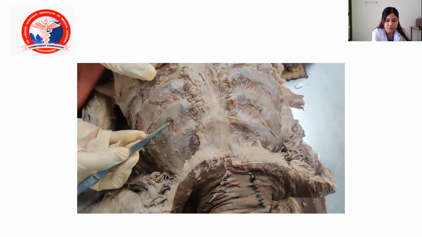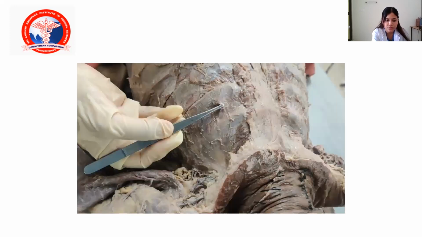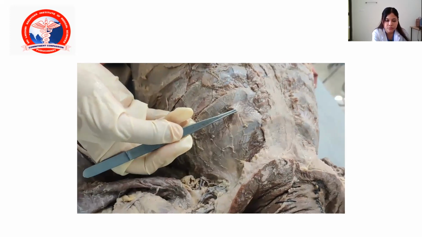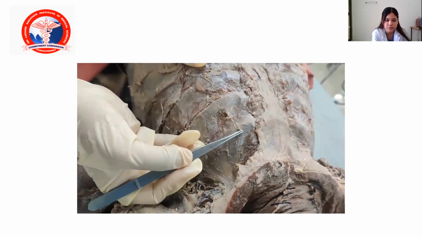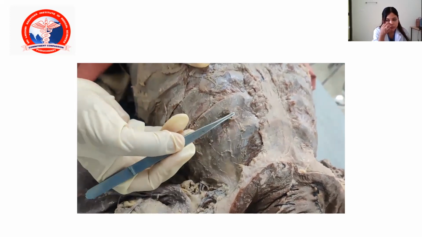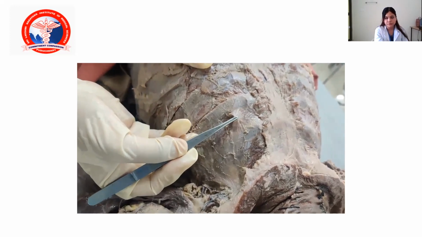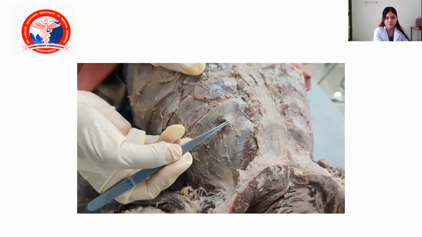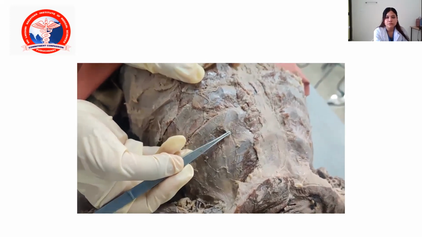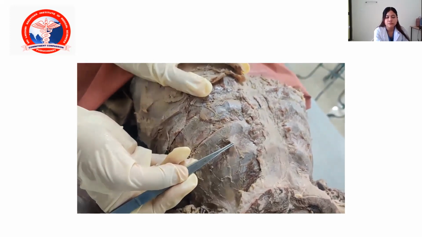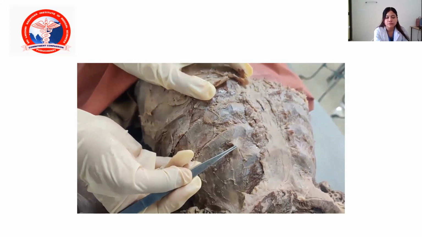You can see here in this left part, this is a key area. What happens here? The intercartilaginous part of the external intercostalis muscle is actually membranous. So it is replaced by the anterior intercostal membrane.